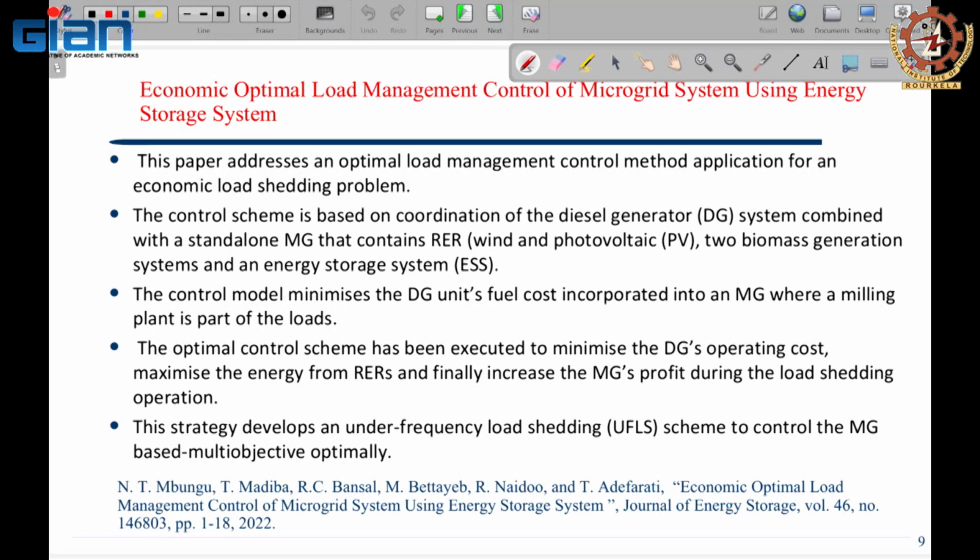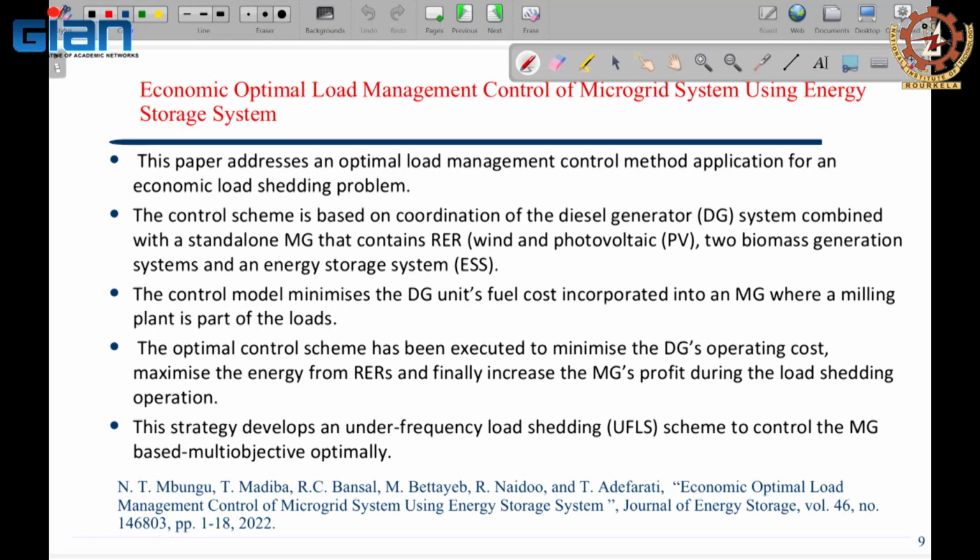economic load management control of microgrid systems, when you want to have this energy management or the load management of microgrid systems. You can have any approach, managing the generation through the energy storage systems or through the load management. So basically in this paper, it is a load management control application for an economic load shedding problem.